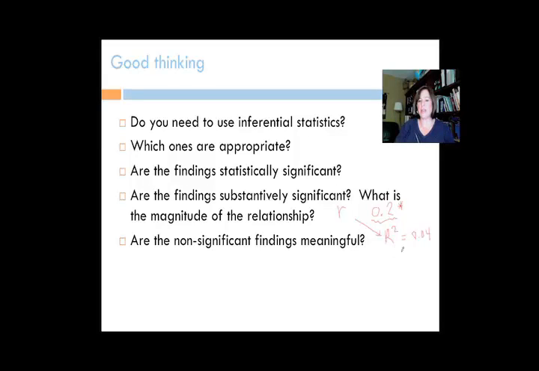And so that's another way to tell us that only 4% of the variance in one variable is accounted for by the other variable. That's what that 4 tells us. We're going to learn a little bit more about that, how to calculate magnitudes and effect size.